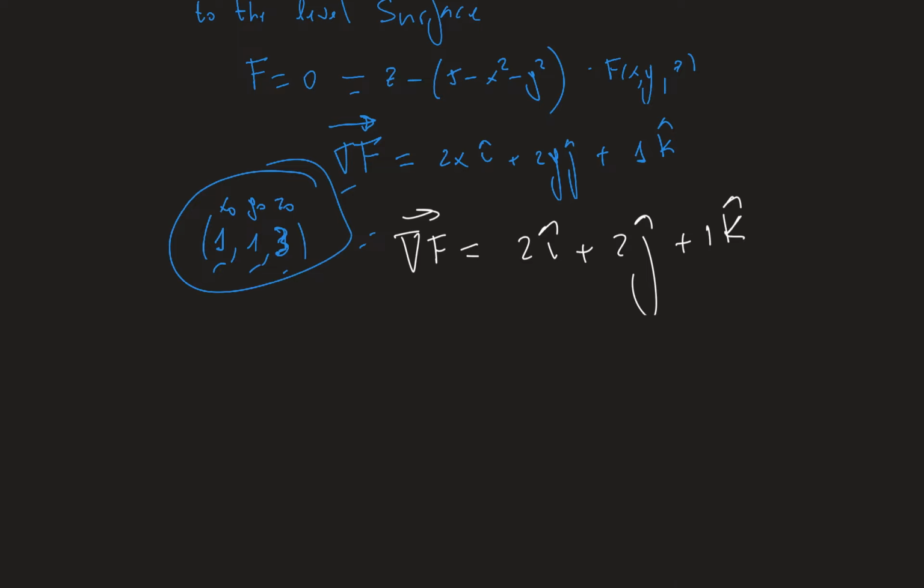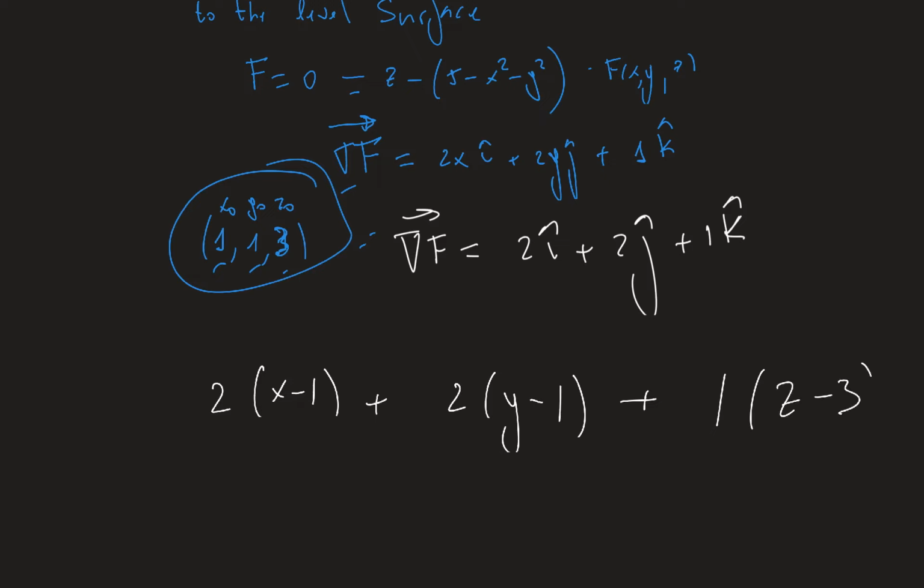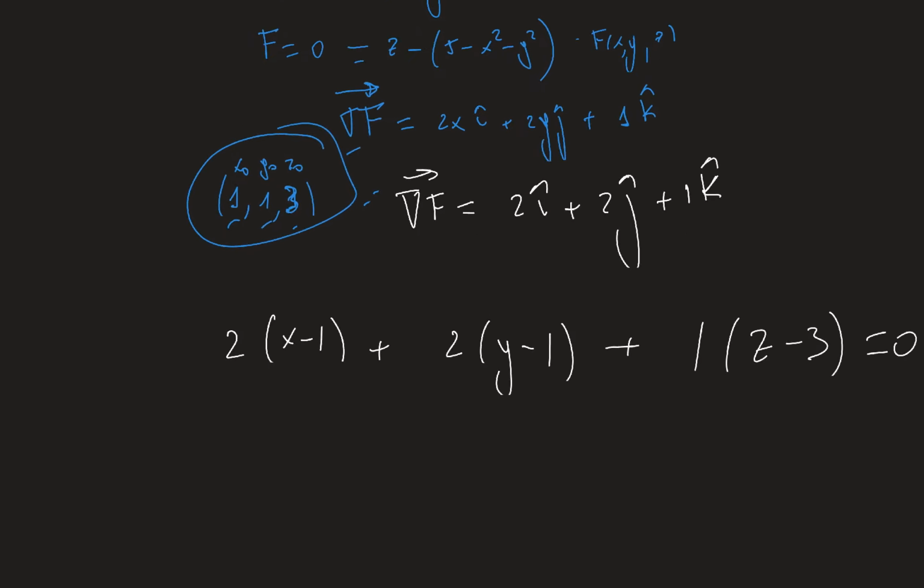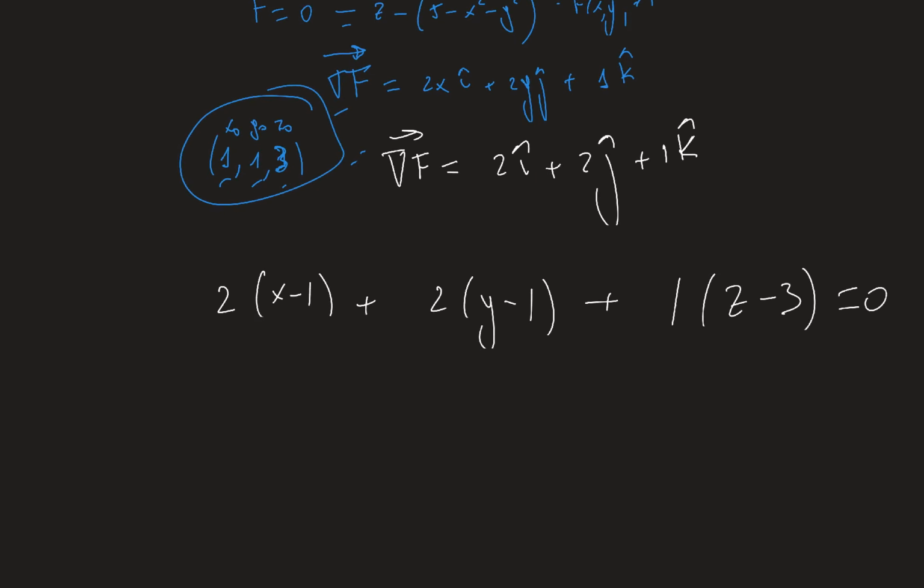And the plane is 2(x minus 1) plus 2(y minus 1) plus 1(z minus 3) equals 0. Perfect. And now see what happened: 2x minus 2 plus 2y minus 2 plus z minus 3, and minus 4 minus 3 is minus 7, equals 0.